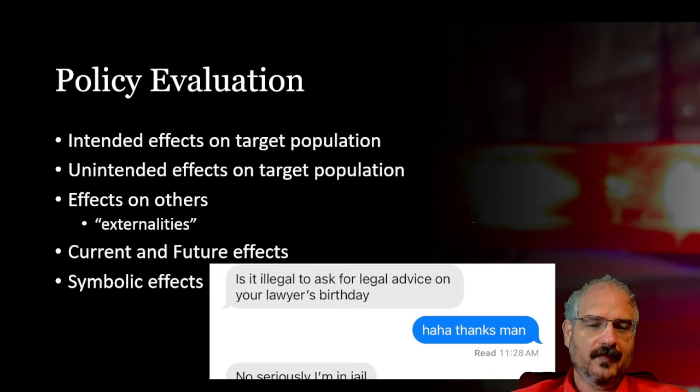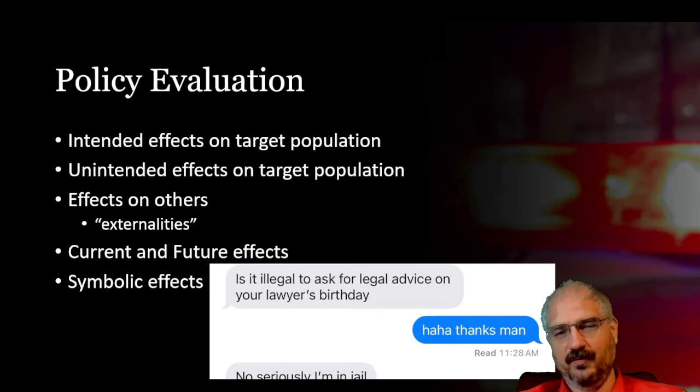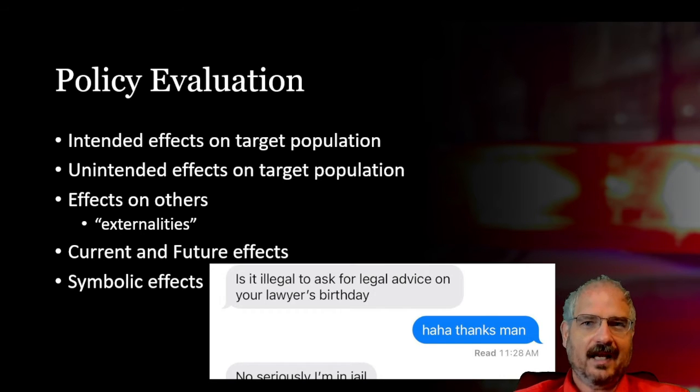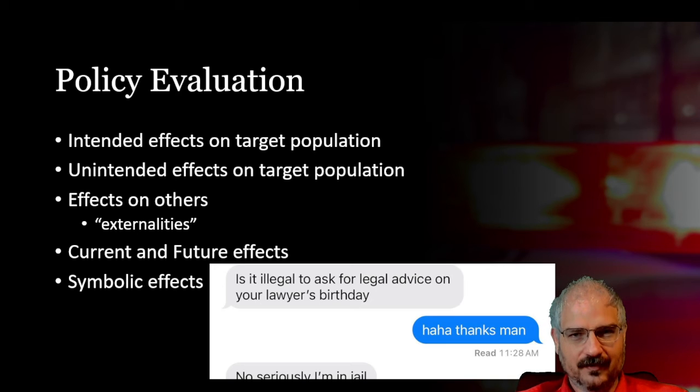So while the intended effect is we want to reduce childhood poverty, we want to reduce officer use of force incidents, we want to reduce the population of prisons and jails in this state, whatever. That can also have unintended effects that can be either positive or negative, but they are a clear and direct result of our actions in trying to do whatever it was that policy was trying to do.